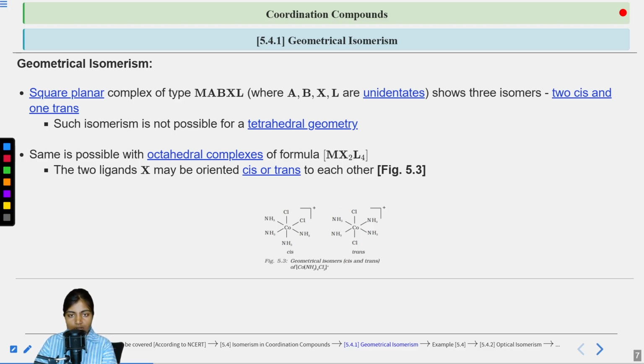And if the chlorine or X ligands are placed opposite to each other in the complex, they are called the trans form of this isomerism, right? So these are the geometrical isomers, cis and trans, and this is how we can obtain them in octahedral cases of the type MX2L4.